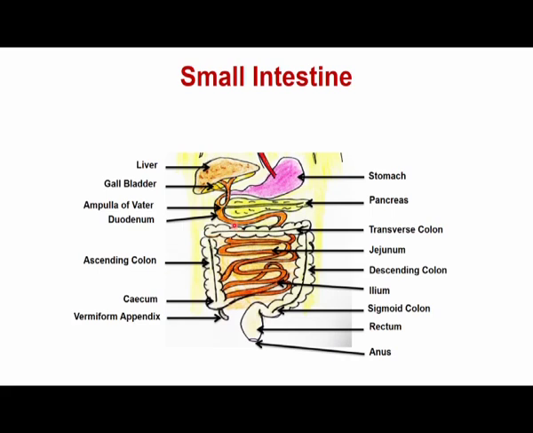Below that, there is another opening which is directly used by the pancreas to deliver its content, and that duct is known as the pancreatic duct. The duodenum is connected to the lower portion, called the jejunum, and the jejunum is longer in length compared to the duodenum.